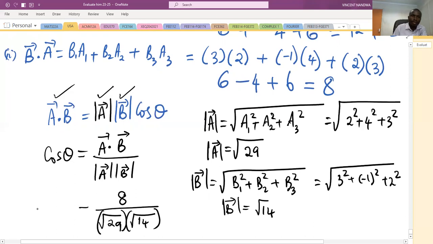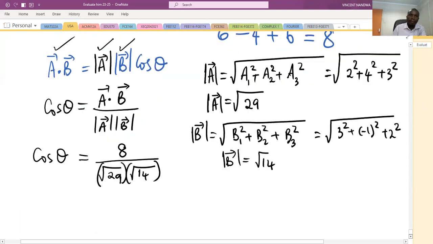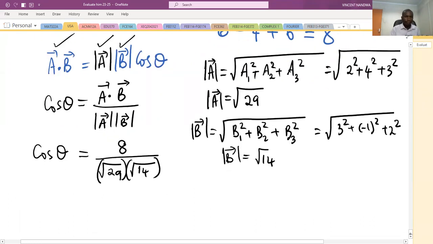So this is cosine of theta. It tells us that now we'll have 8 divided by square root of 29 times square root of 14. That is cos theta equals 0.3970333333.